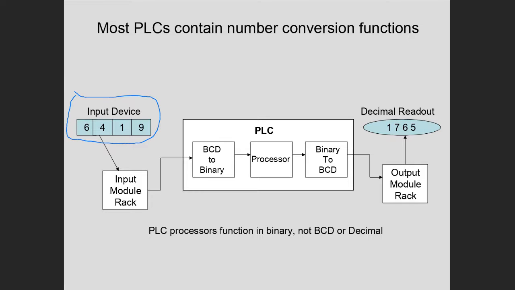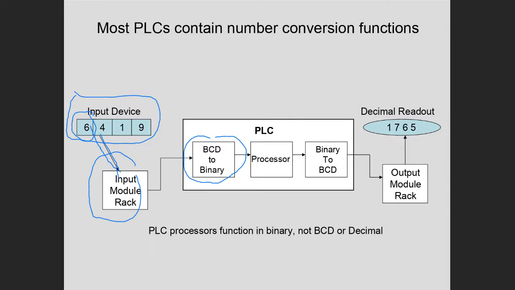Either the input device will output BCD to the input module, or it will be the job of the input module to change this to BCD. Some way, we have to represent each individual digit as a BCD number. That BCD number comes into our input module. Then once we get into the actual PLC, remember the PLC only understands binary.